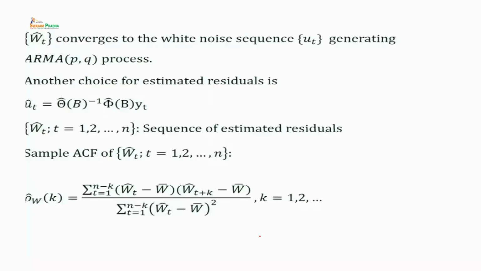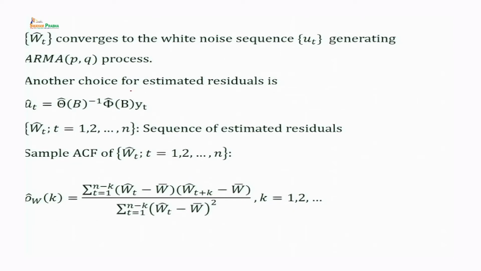Different terms are uncorrelated. So, W hat t converges to the white noise process U t generating the ARMA(p,q) process, provided these estimated residuals are from the true ARMA(p,q) process. It means you have fitted the ARMA(p,q) process which is the actual process from which you have generated the data, and then these are the residuals.